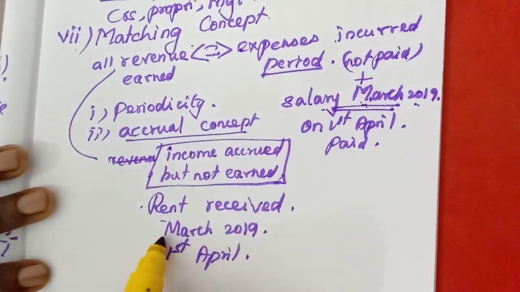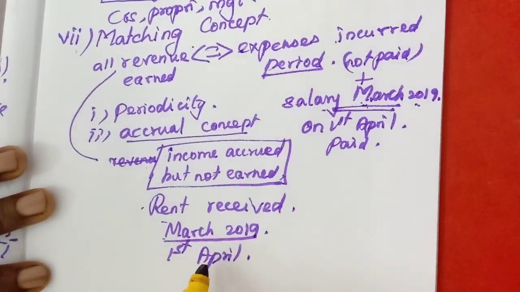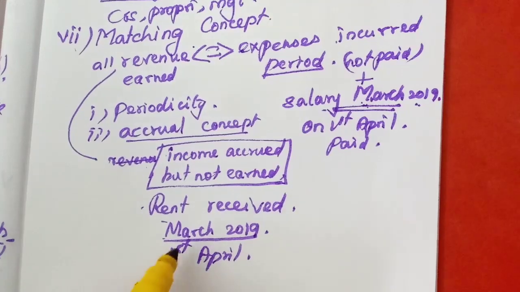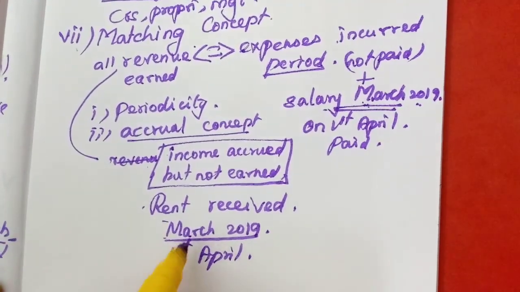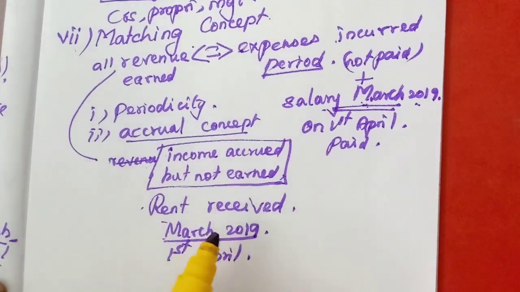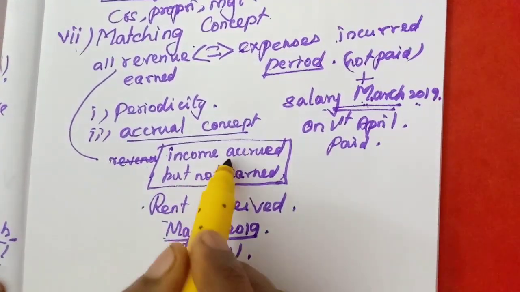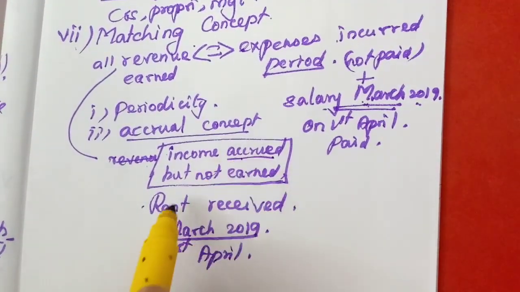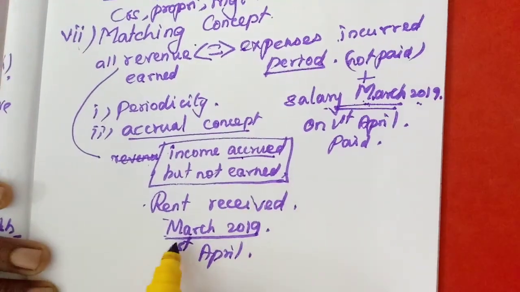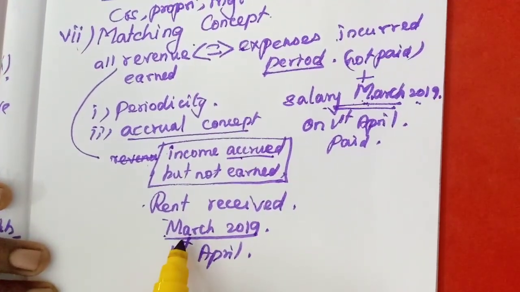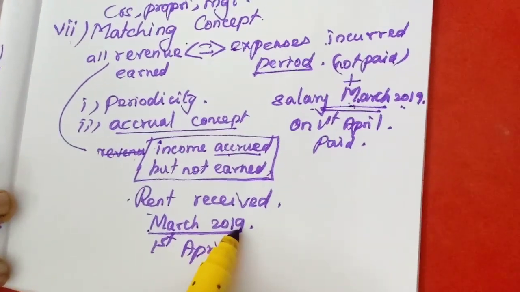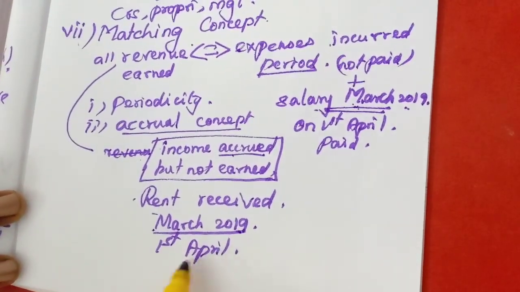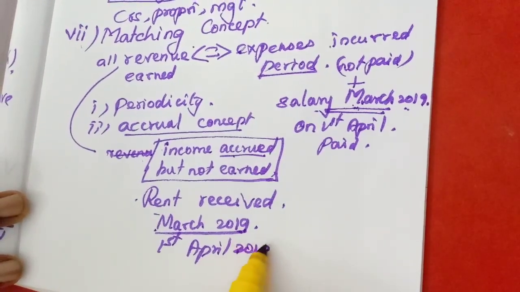It is accrued in March 2019. That is what income accrued means: related to that particular year, but not earned. So here is an example. The rent should be related to March 2019, but we actually receive it on 1st April 2019.